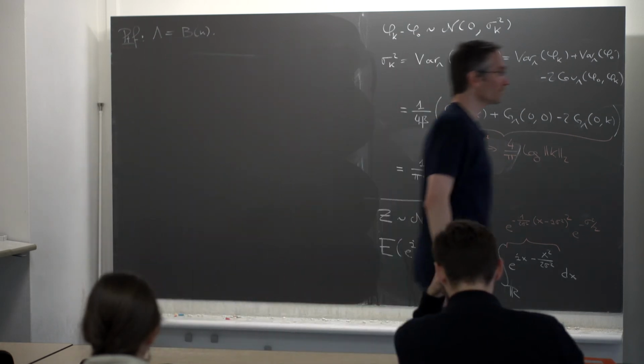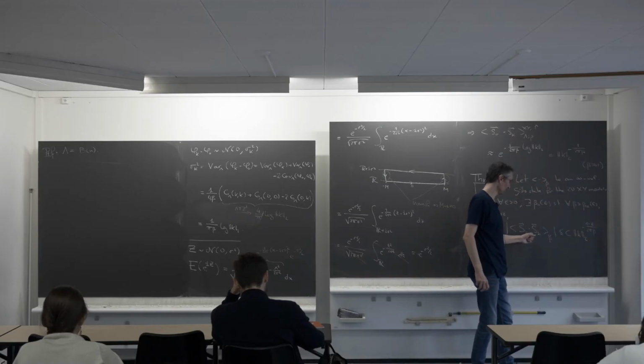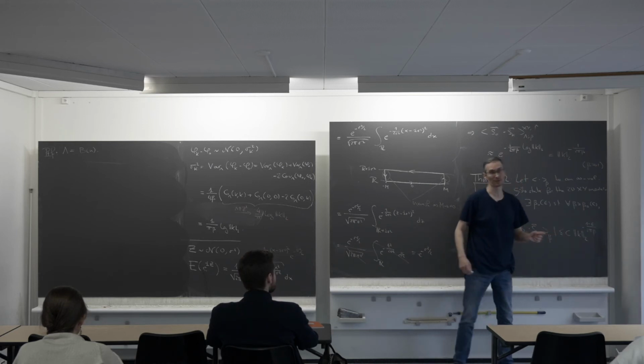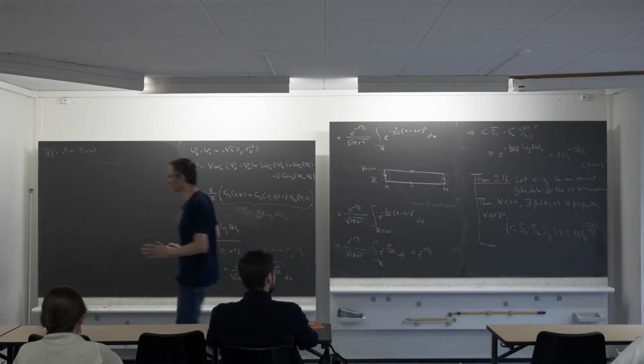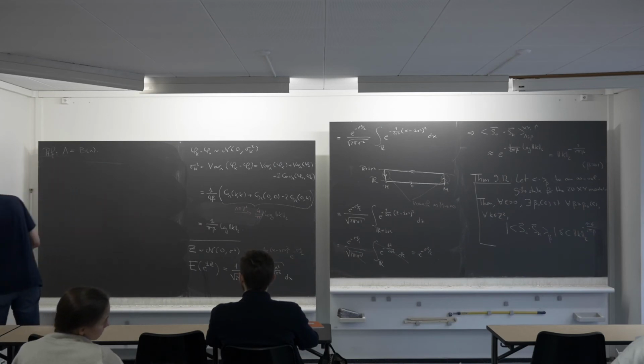Since I want this to work for any infinite volume Gibbs state, I will prove a bound like that for any big box lambda with arbitrary boundary condition. The bound will be uniform in the boundary condition, so that I will be able to take a limit and get any Gibbs state I want.